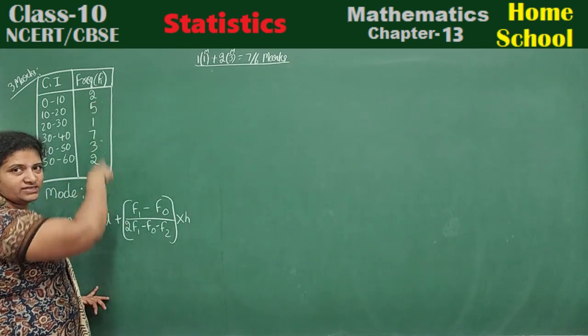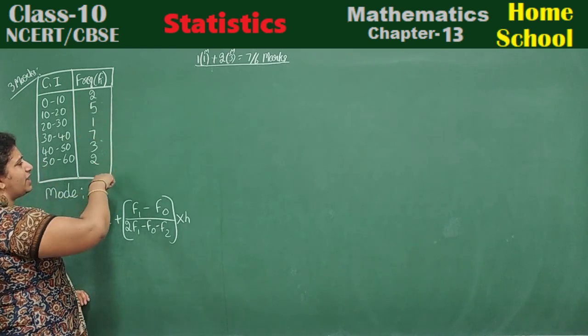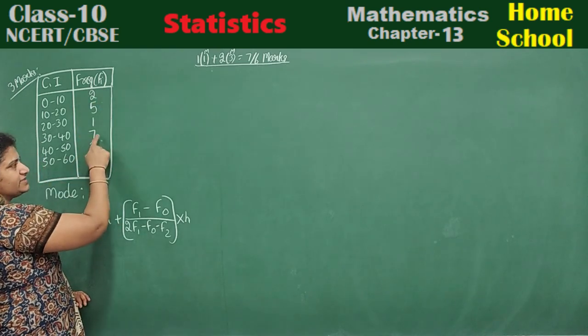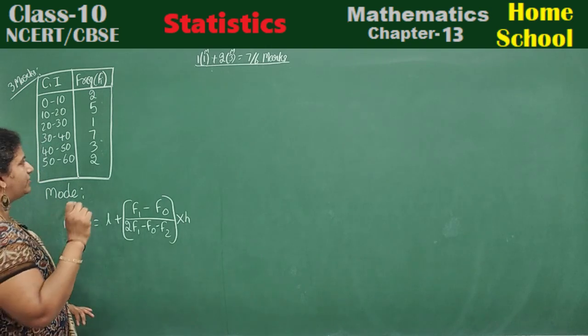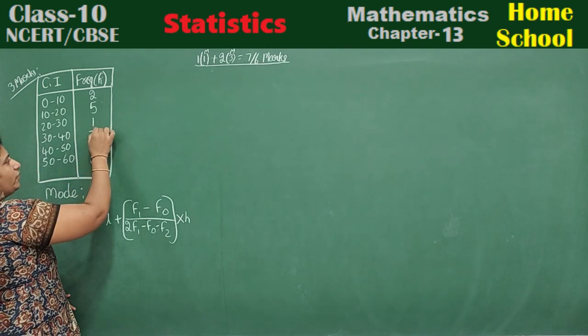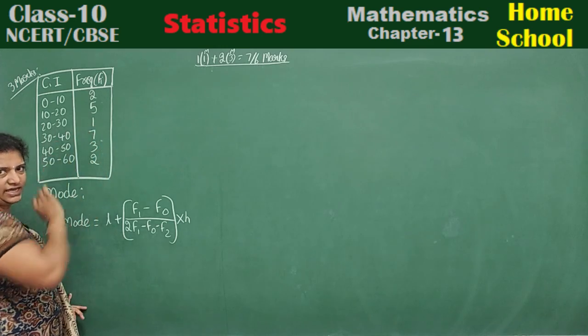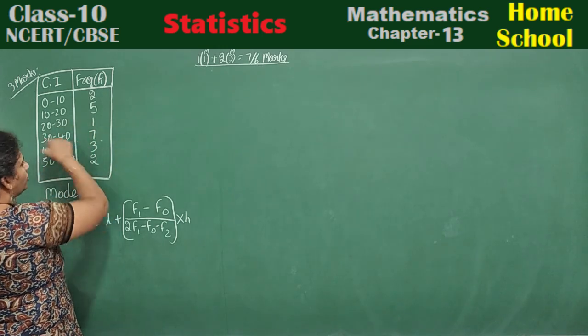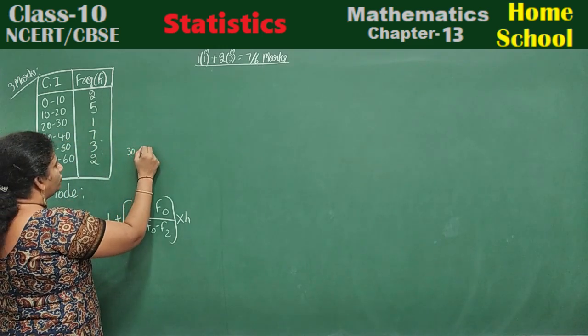You can see the frequency column. What is the highest number here? Yes, 7 is the greatest number. Where you can see 7, the class is 30 to 40.